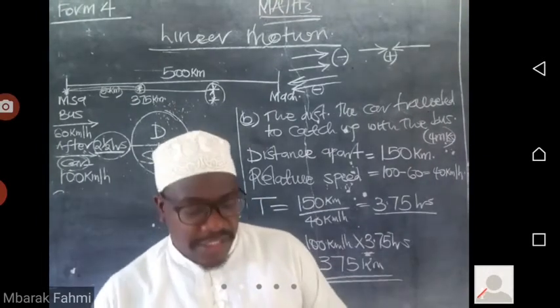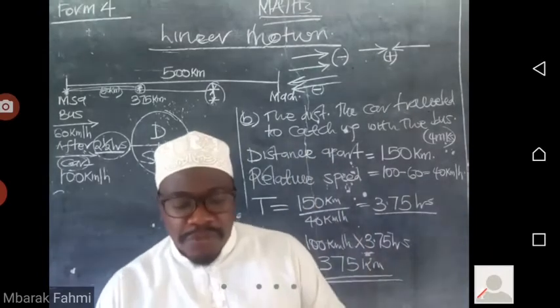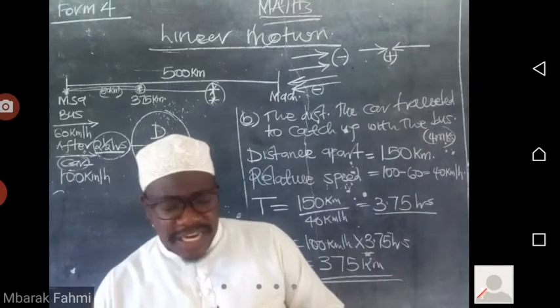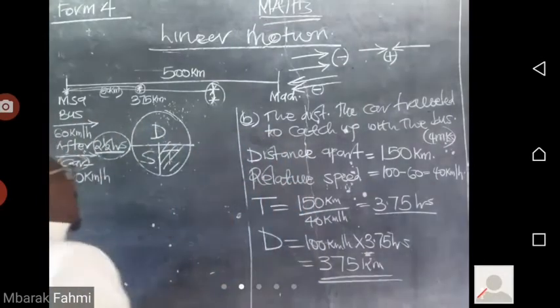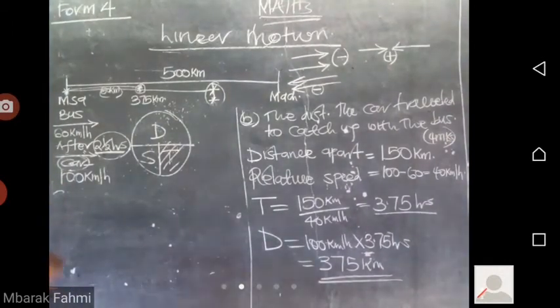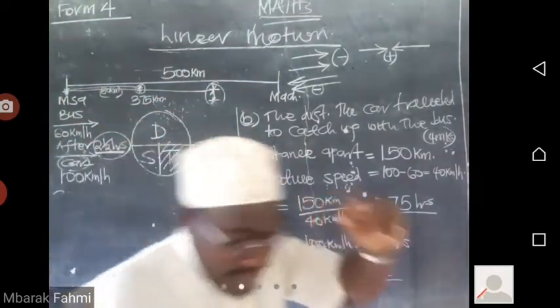Find the new average speed at which the car traveled in order to reach Machakos at the same time as the bus.